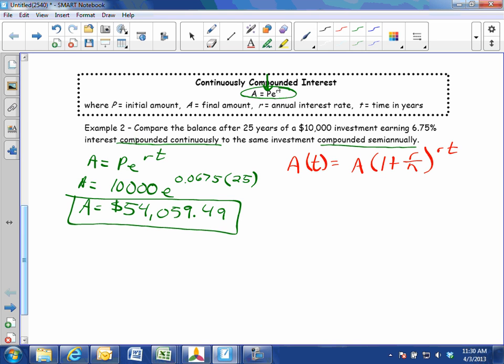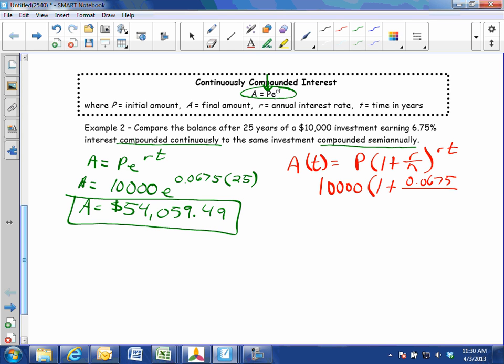Usually they say this is P. This is the one that we used earlier back in section 2, I think. P is still principal, so that's still our 10,000. 1 plus our rate.